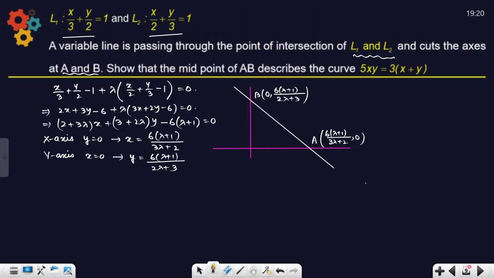Now what you have to find out is the locus of the midpoint of this AB. Let us say H comma K be any point on the locus. Let us denote this point as P. Okay? So what will be the locus of the point P? Now, simply applying the midpoint formula, we get this is your H, and what is your K?